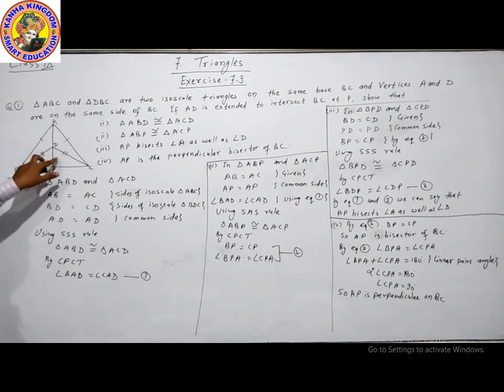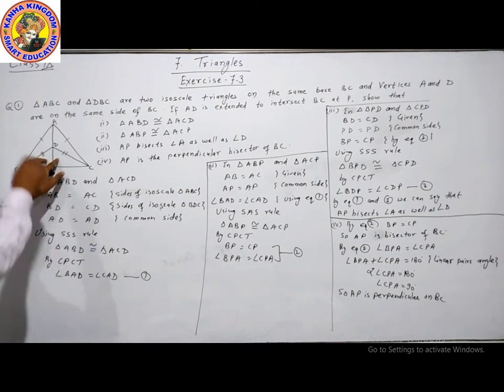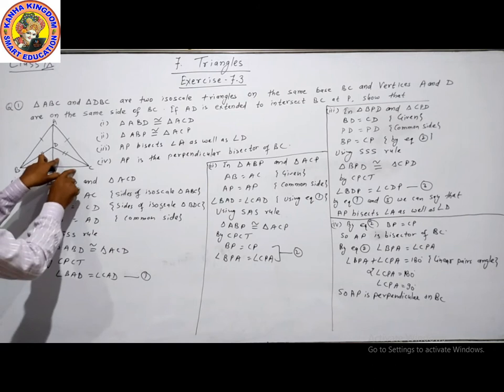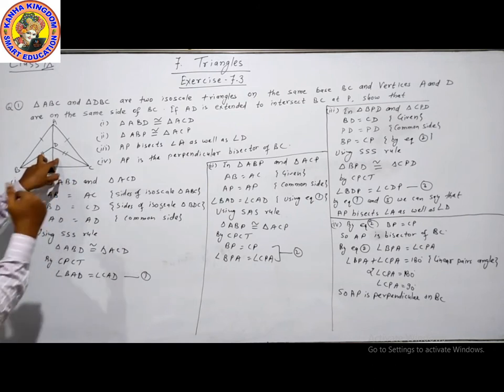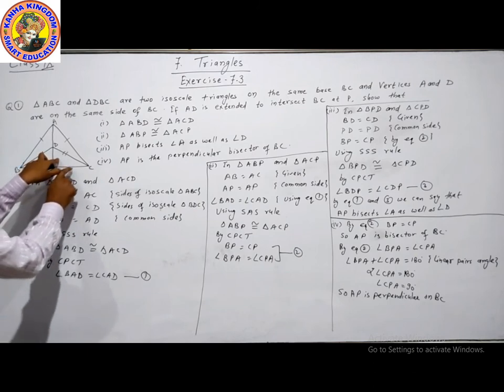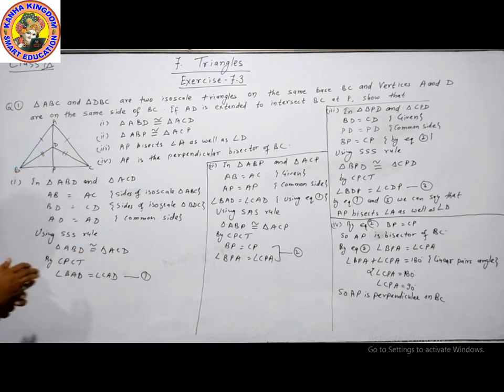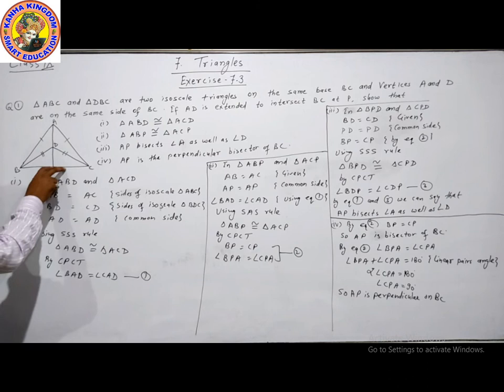So taking these two triangles, we take the congruency of triangles BPD and CPD. This side and this side are equal by equation number second, and this is our common side.